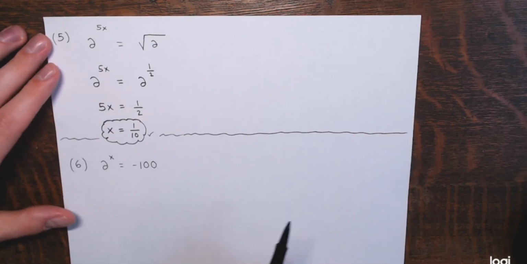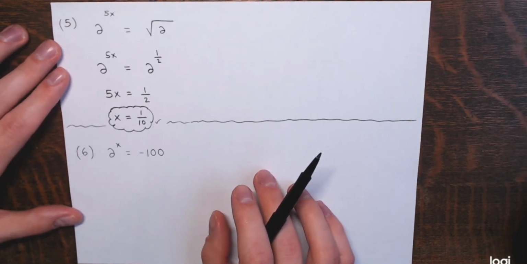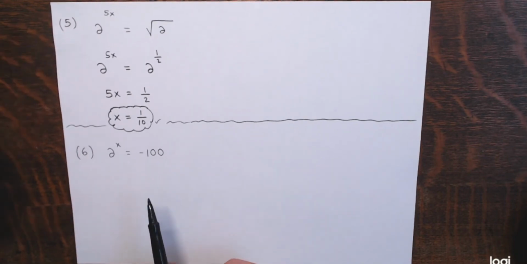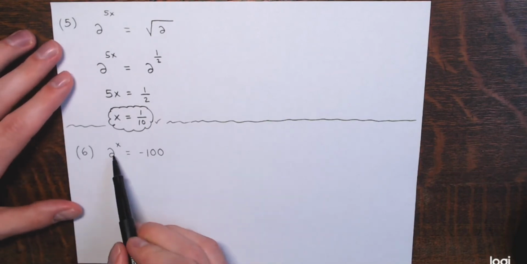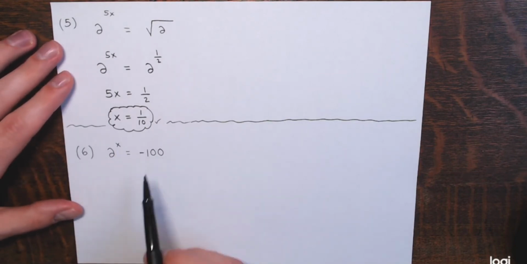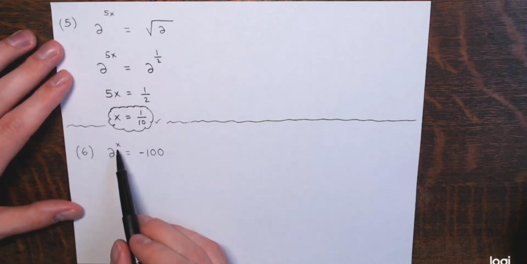Alright, example 6 is a little different. In fact, I don't know why it's part of the exercises here, but it is a nice example to point out still. I have 2 to the x equals negative 100. Remember, an exponential function, b to the x.